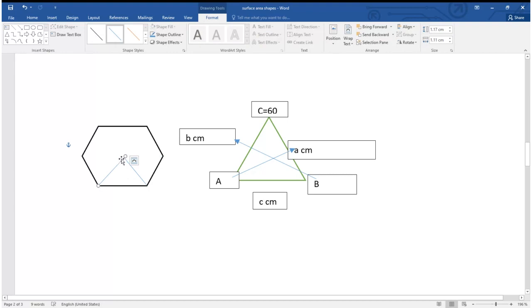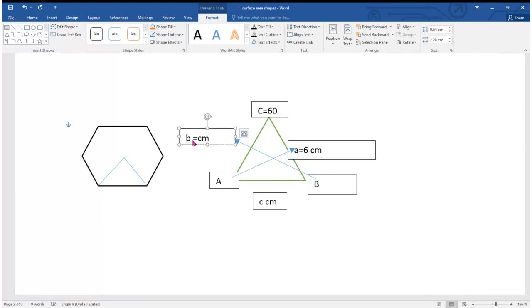So as you can see, this side here is a, so a becomes 6 centimeters. b is also equal to 6 centimeters. Now, it makes this triangle here an isosceles triangle.